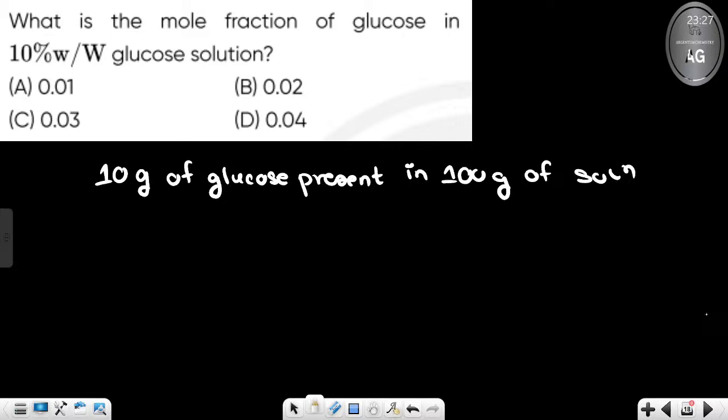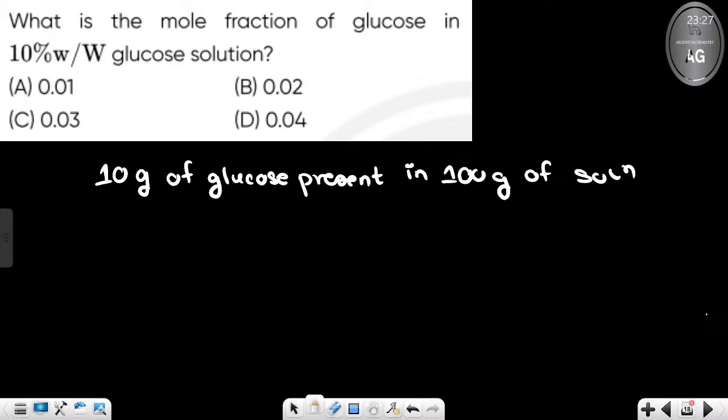If you cannot analyze this, then it is a problem for you. You have to define your own solution, because in the question the solution's total mass and all this will not be given. You have to define your solution. The question is not giving you the solution directly.